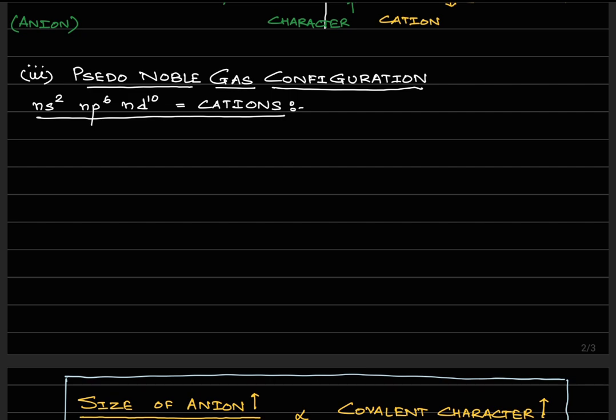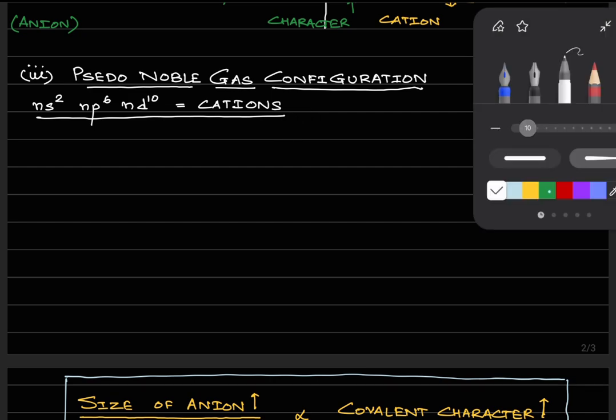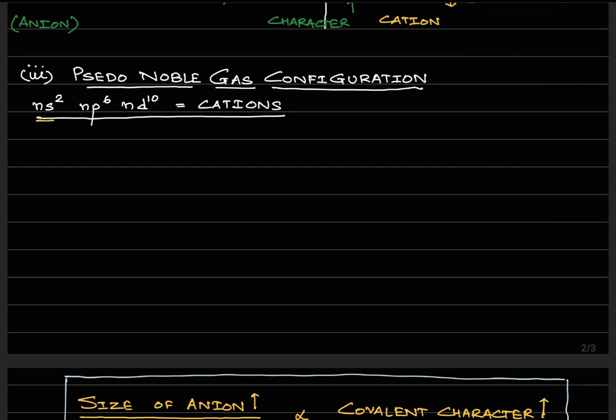False. And noble gas configuration, so it is acting like a noble gas. Again, we are only talking about cations here, not anions. All the cations which have a pseudo noble gas configuration of ns2 np6 nd10 would show a slightly higher covalent character.